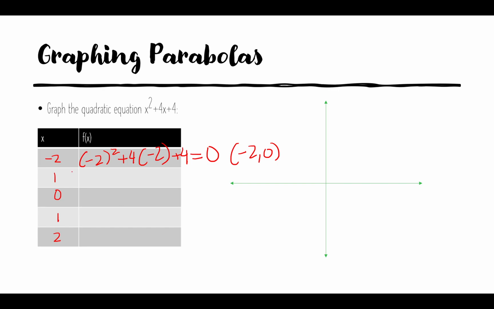For x is equal to -1, we will get -1 squared plus 4 times -1 plus 4, and we will get 1. For x is equal to 0, we will get 0 squared plus 4 times 0 plus 4, which is equal to 4.